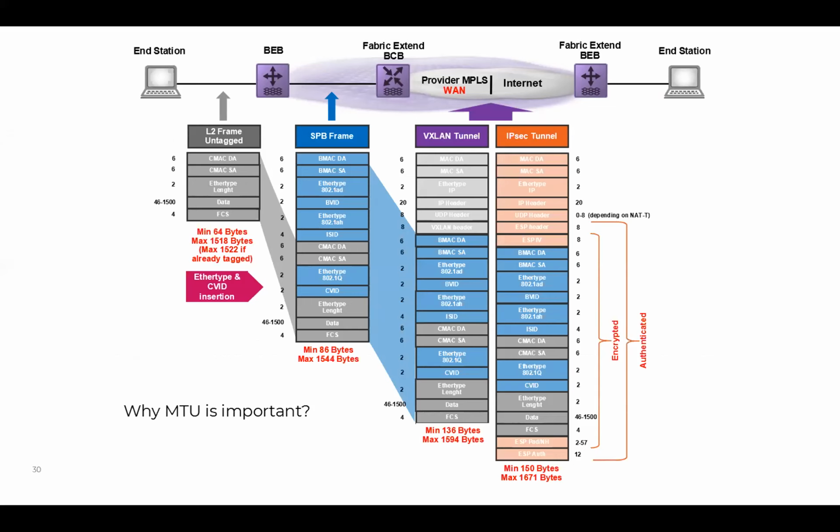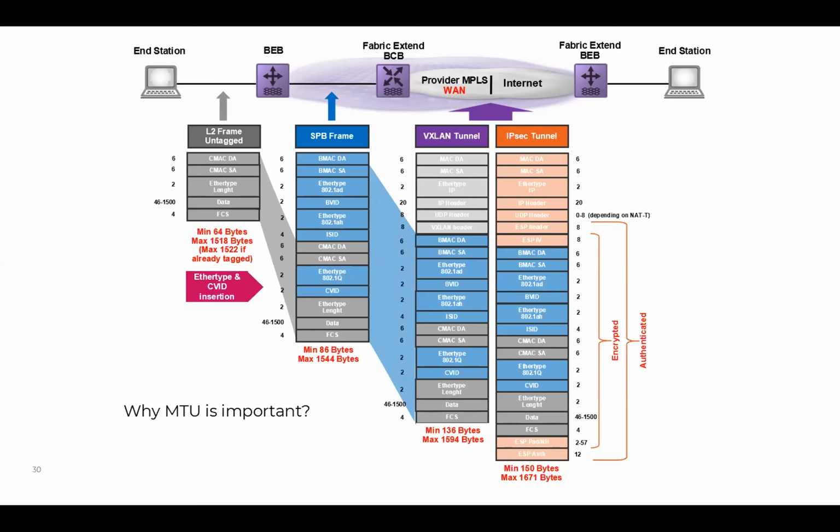The MTU is really crucial for the Fabric in general, because Fabric Connect is about encapsulation. No matter if we are doing the encapsulation like SPB, which is MAC-in-MAC, or we are adding additional encapsulation, the MTU will rise. So the frame will become bigger and bigger.